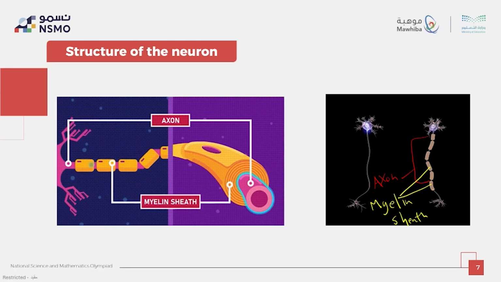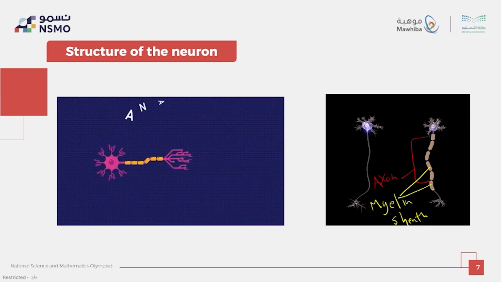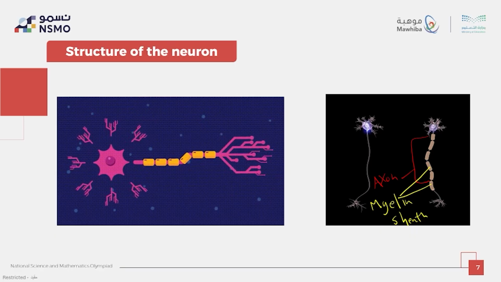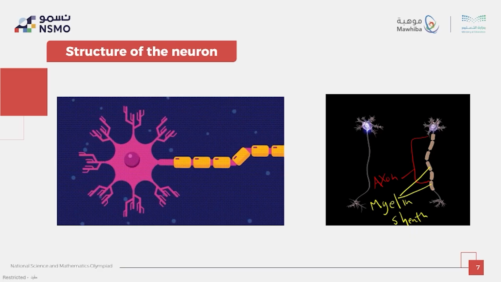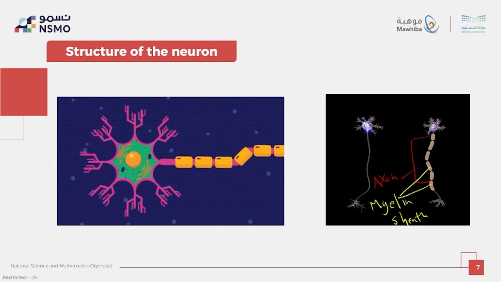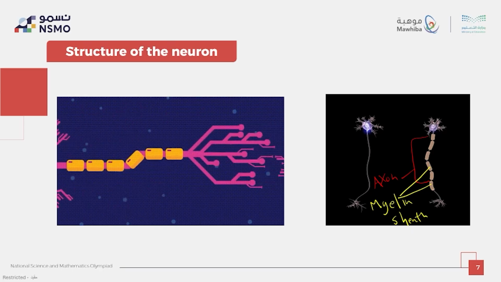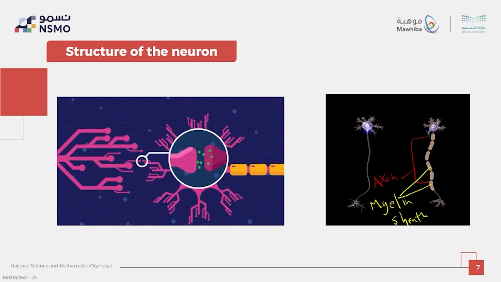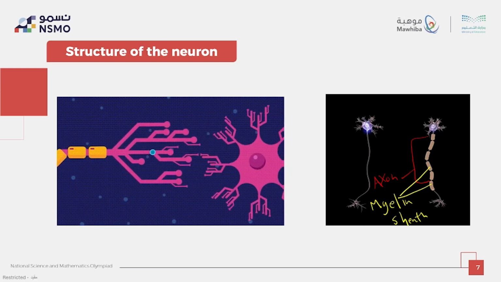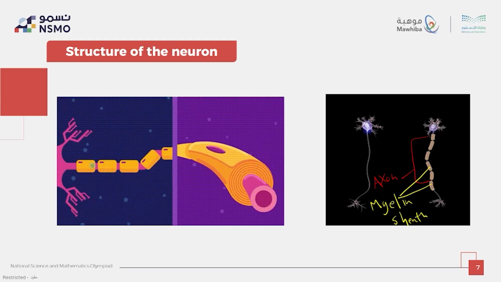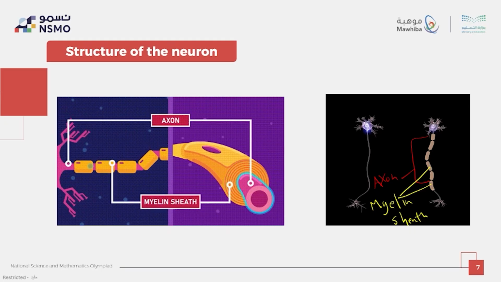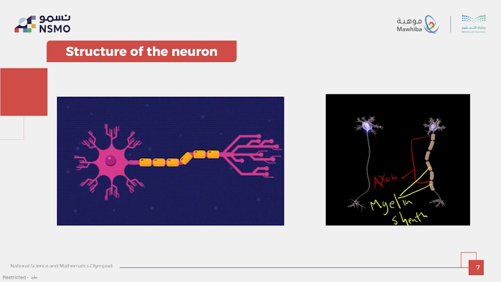So it makes the signals faster. Let's ask this question: why is myelin so important? Because without myelin, nerve impulses travel slowly, causing sensory and movement problems, as seen in disorders like multiple sclerosis, MS. So the people who have MS have a problem with the myelin sheath. So this is very, very important.